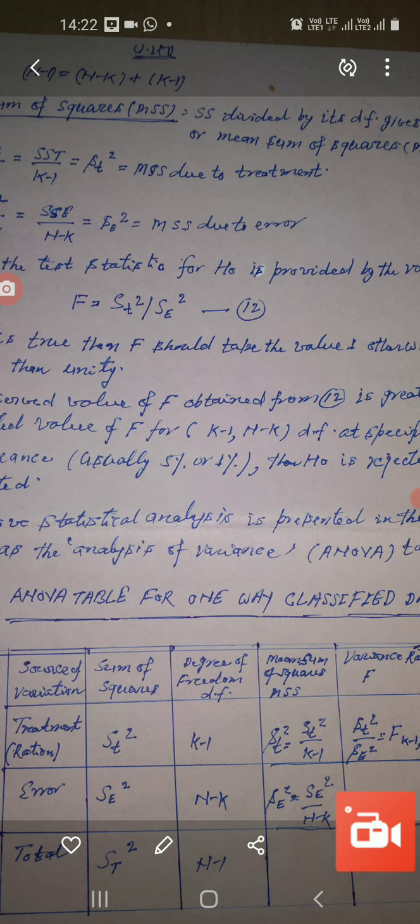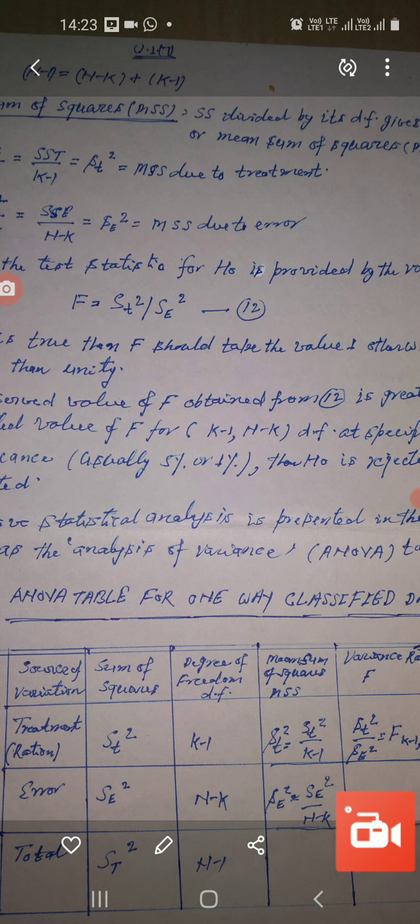Ft is equal to St square upon Se square, where St square and Se square are mean sum of squares due to treatment and mean sum of squares due to error, and this follows F distribution with k minus 1 comma h minus 1 into k minus 1 degree of freedom. So this is the test statistic for treatment.